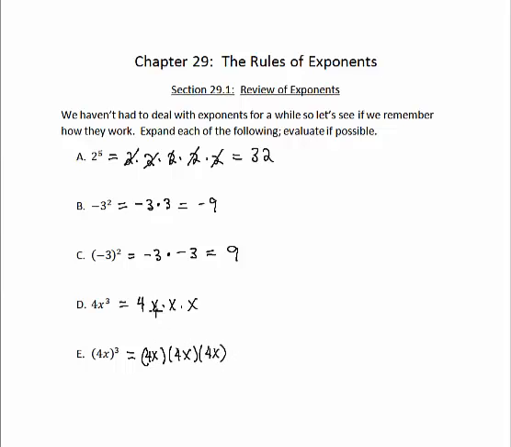So not only do we have 3 x's like the last example, we now have 3 4's, and 4 times 4 is 16, times another 4 would give us 64. And we could write this as x to the 3rd because we have an x times x times x. 3 x's multiplied, shorthand notation, x to the 3rd power.